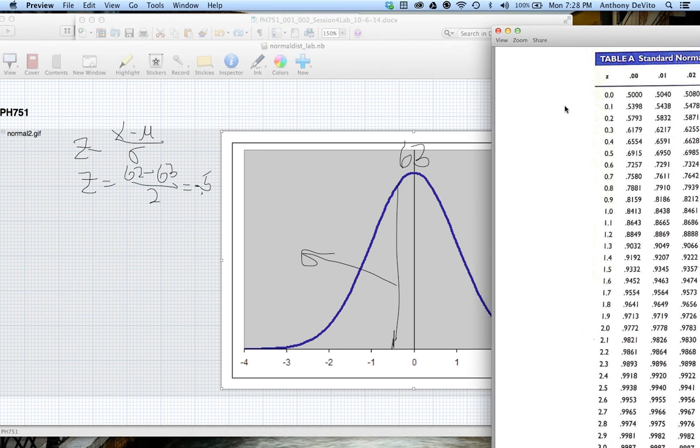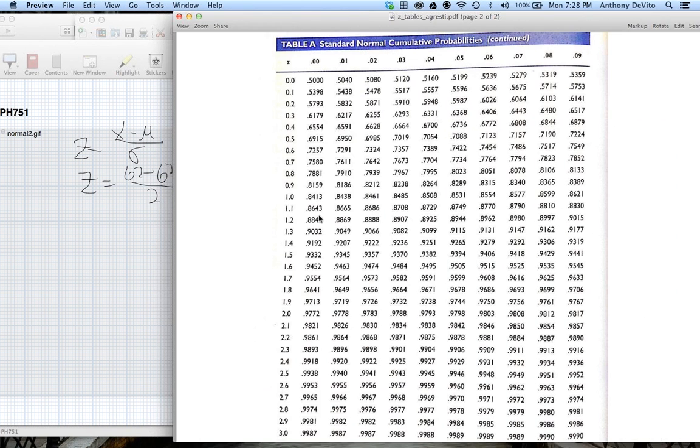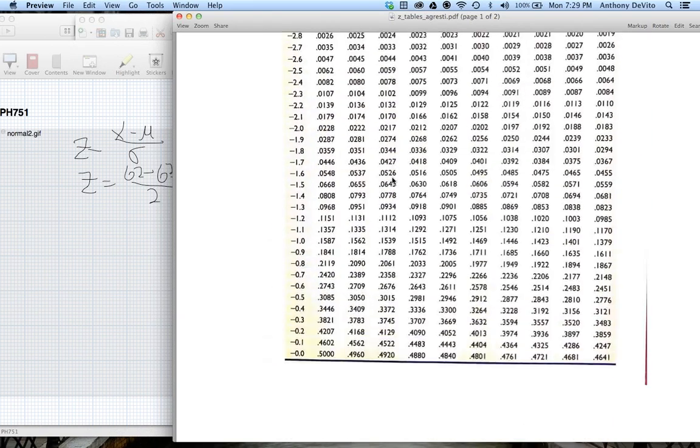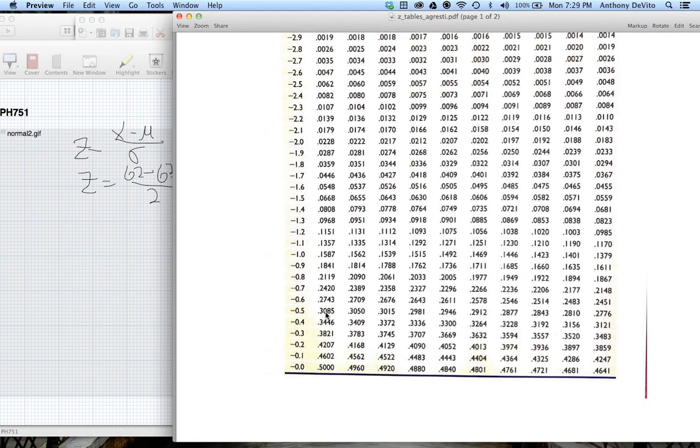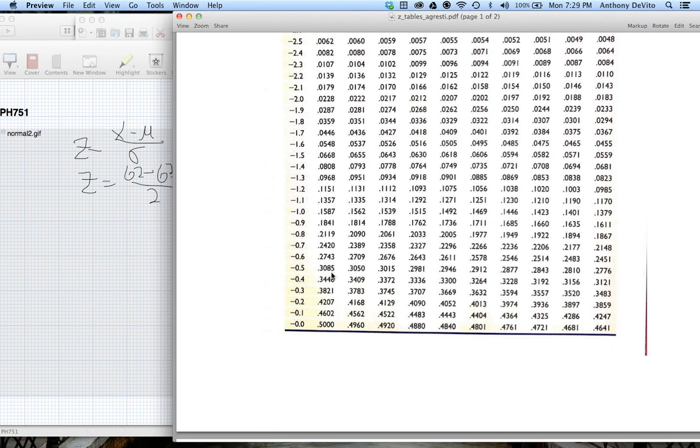We could go to our z table. It's about 31%, right? That's 30.85, or 0.3085.